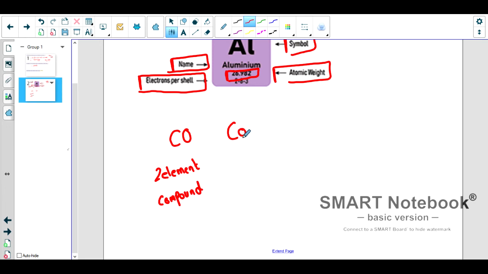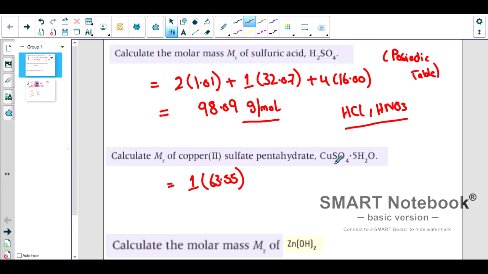When the second letter is small, it is continuing the first one. So this is cobalt. This is an element, not a compound. So you have to be very careful. This is u; it is not a separate element, this is basically one symbol. This is Cu, and this is capital C and this is capital O. So they are different.